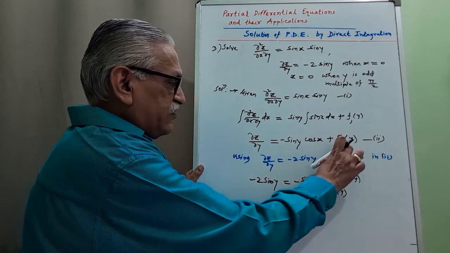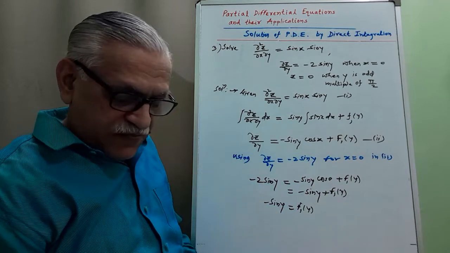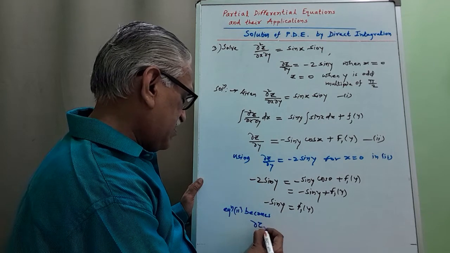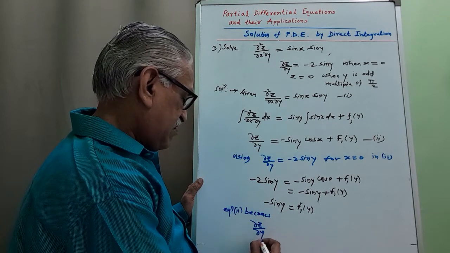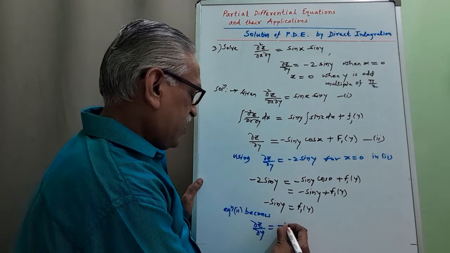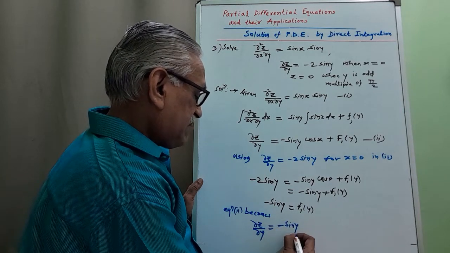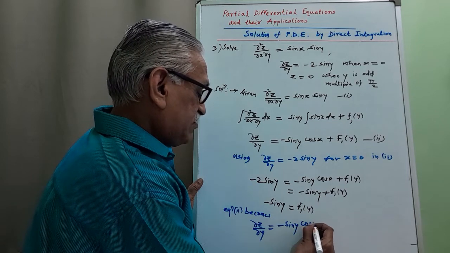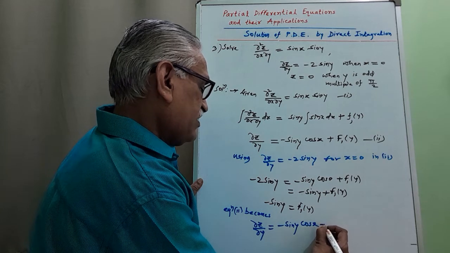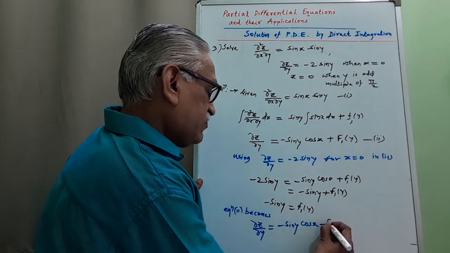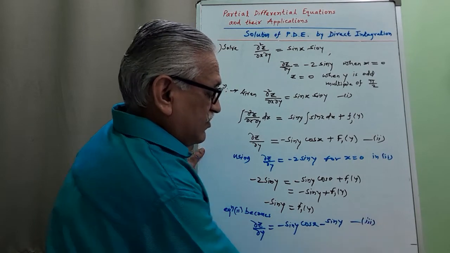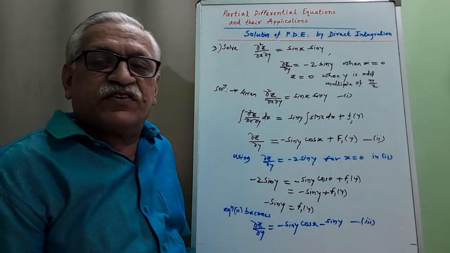Substituting this value in equation 2, we get ∂z/∂y is equal to minus sin y into cos of x plus f1 of y. The value of f1 of y is minus sin y. And we call that equation 3.